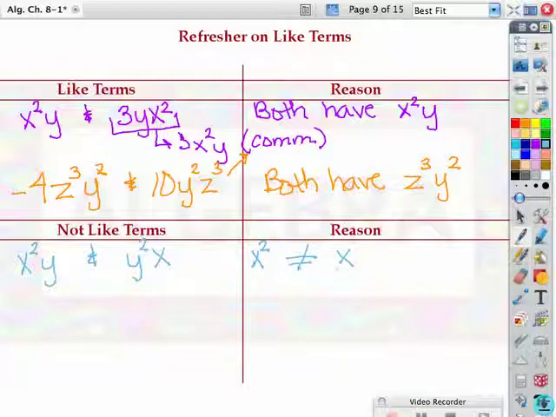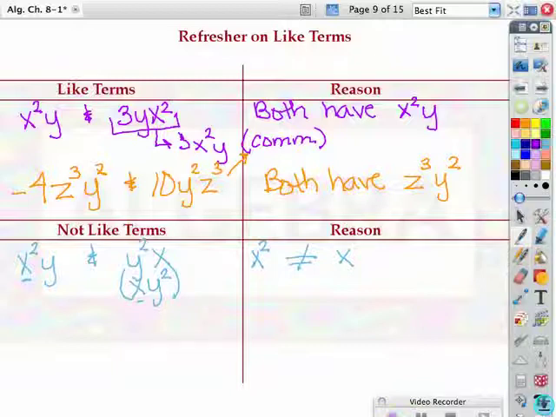So those are not the same. All right? And then remember, you could also rewrite that, even if it looked like it, using that commutative property, rewrite xy squared. Again, not the same thing. X is squared here, but not here, so they're different.